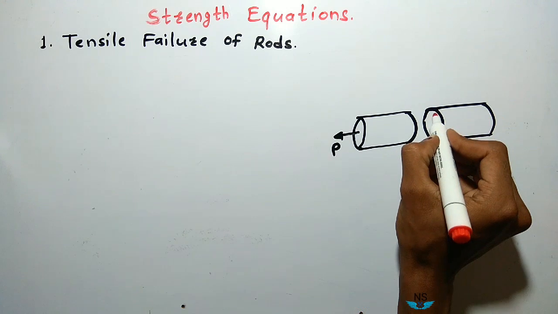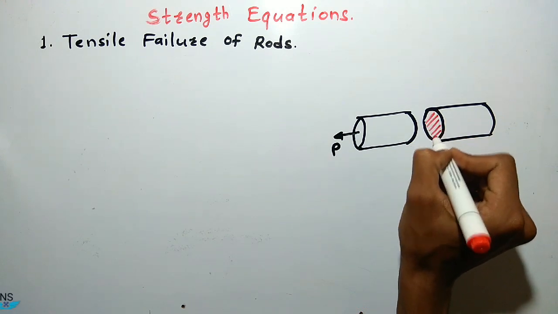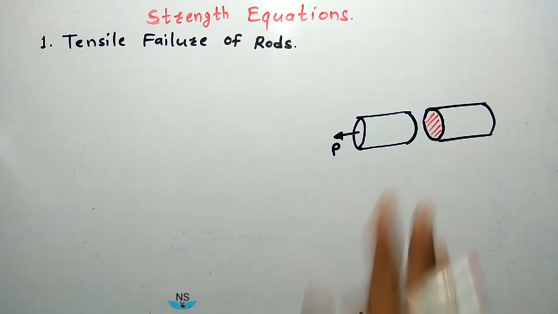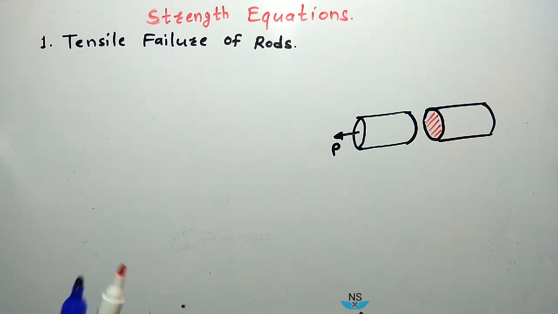So this is the failure area. It looks like a circle, so I will draw it here.